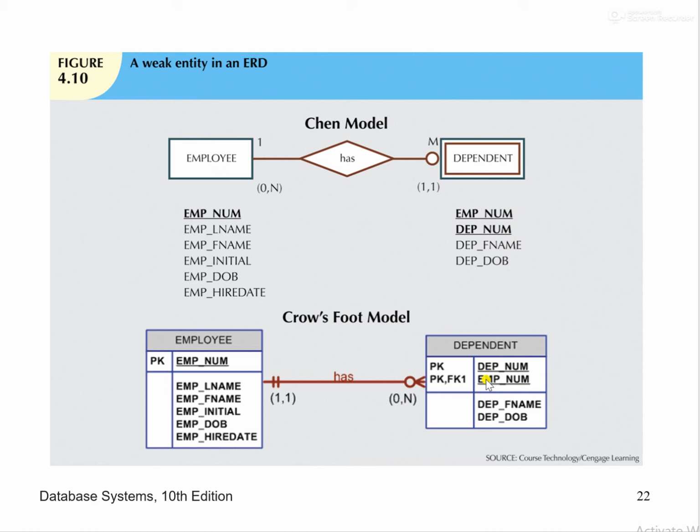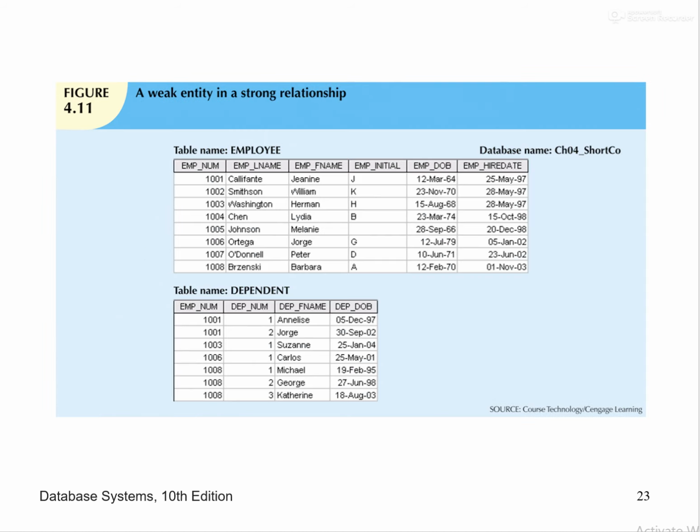Employee num is not only the foreign key in the dependent table, but it is also part of the primary key of the dependent. So dependent is a weak entity, but it has a strong relationship with the entity employee. So we can say that this is a weak entity in a strong relationship.